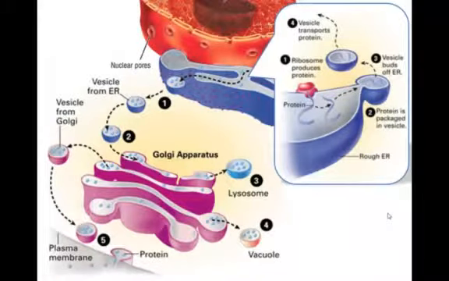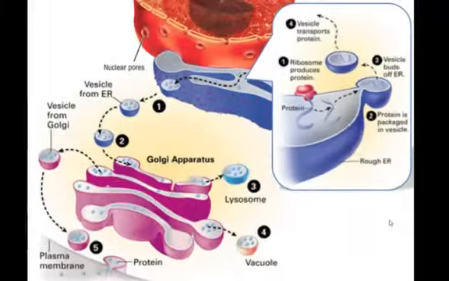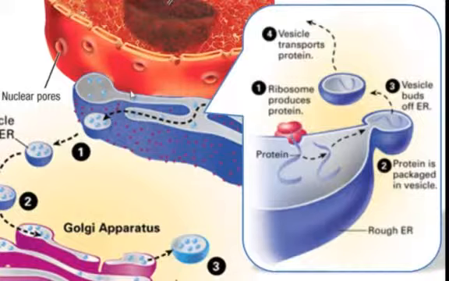So let's recap quickly what we've done. We realized that the whole cell is regulated by the nucleus, and within the nucleus is the DNA. The DNA may send a message out of the nuclear pores into the cytoplasm where it's going to find a ribosome. And here in the callout we can see the ribosome is building a protein, and then it inserts that protein into the rough ER.